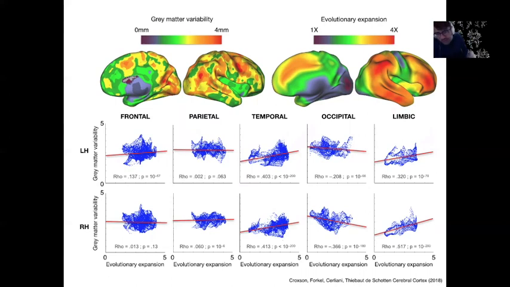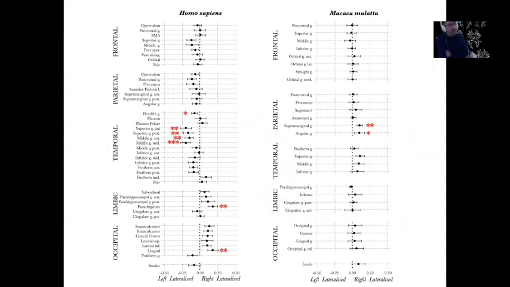So an additional step that we investigated was to explore whether you had asymmetries between the left and the right hemisphere in the level of variability that can be reported. And by doing so, we were pleased to see that in the left hemisphere, the superior and the middle temporal gyri are strongly more variable compared to the right hemisphere, which suggests that you have a recent trend of evolution that happened in there.